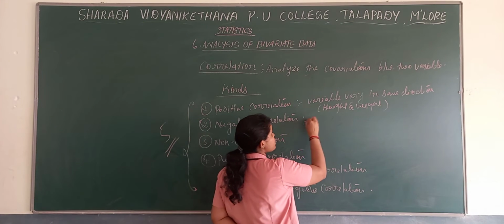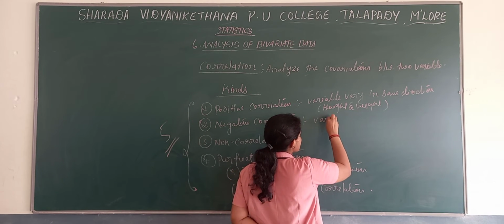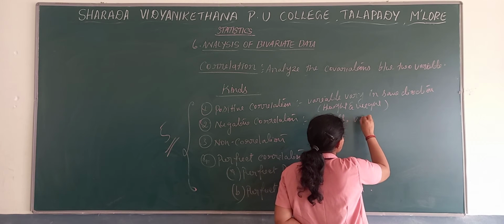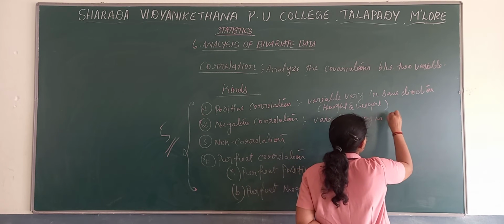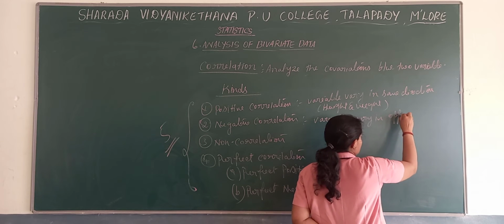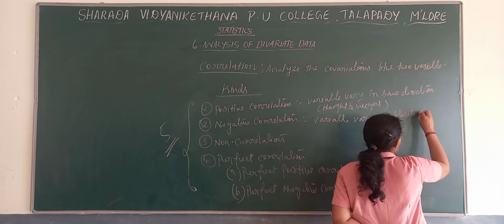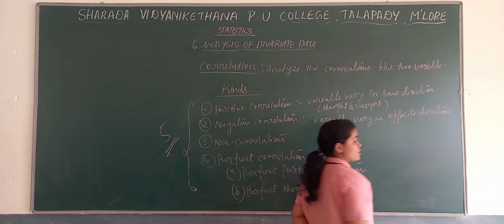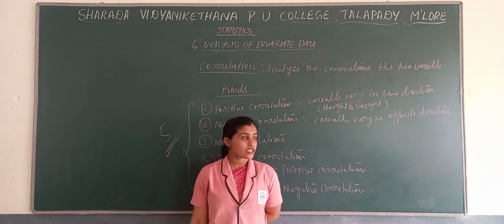So negative correlation means where variables vary in the opposite direction. Variables vary in the opposite direction.